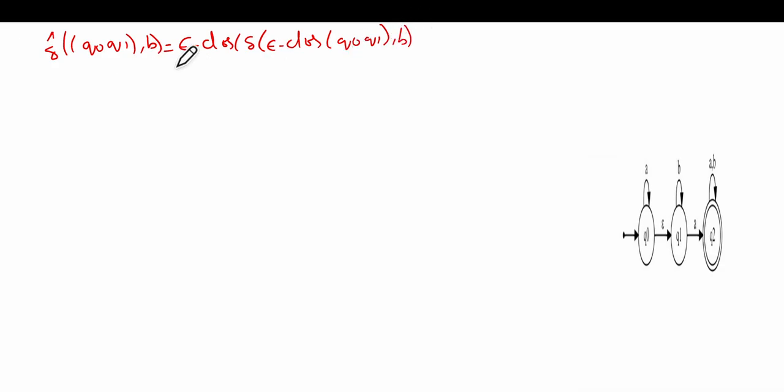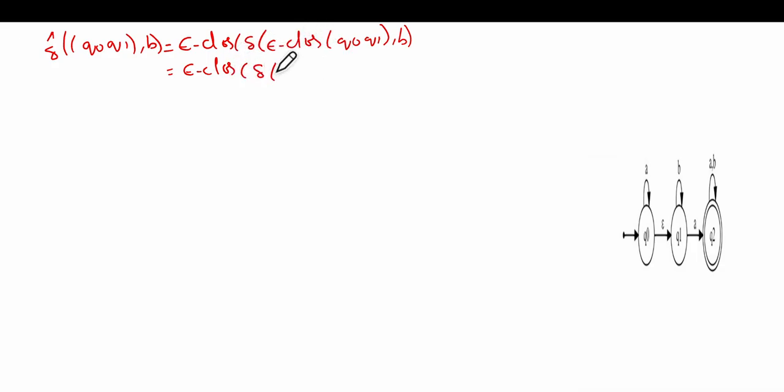So delta-hat of Q0 Q1 on B, which is E closure of delta of E closure of Q0 Q1 on input B. We write it as E closure of delta of, first we solve the inner bracket.